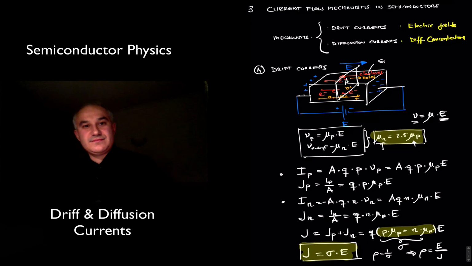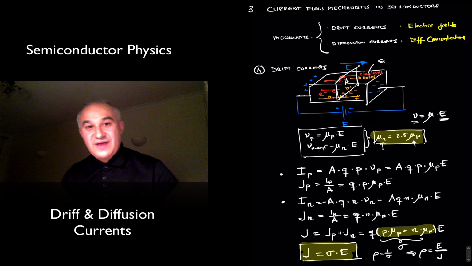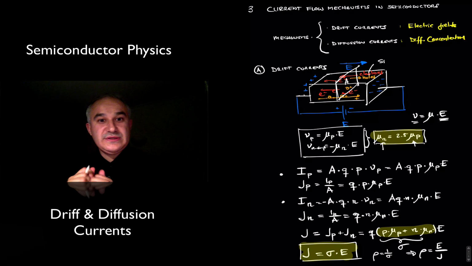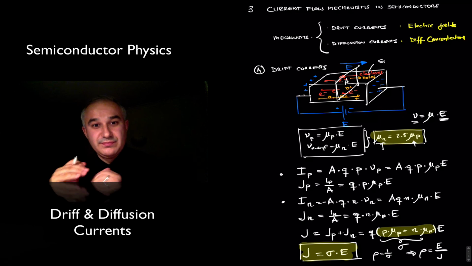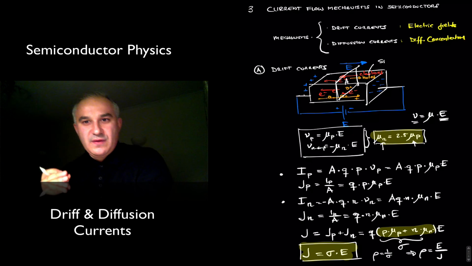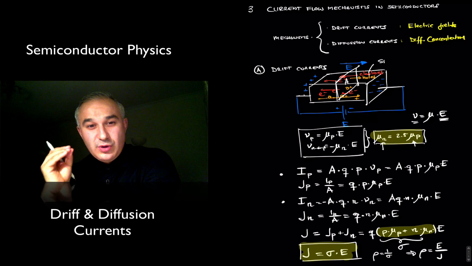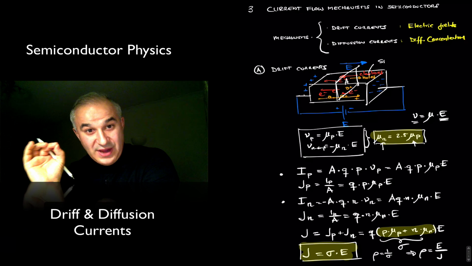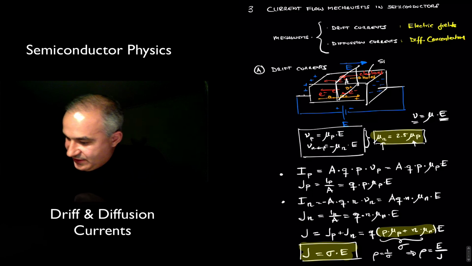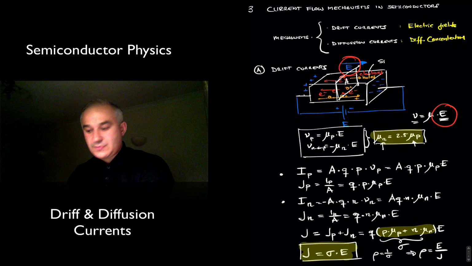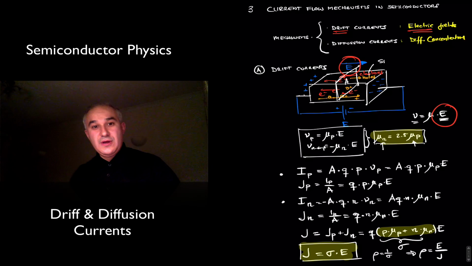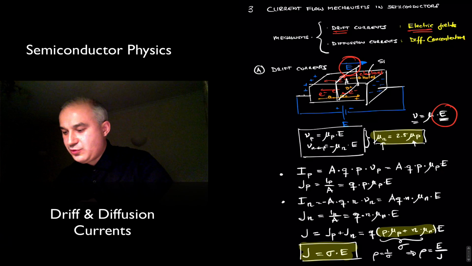So in summary, let's wrap up. We have two current mechanisms affecting both free electron currents and hole currents, meaning electrons in the valence band. By current mechanisms, we mean fundamental causes that will cause those mobile charges to move, either due to electric fields, which gives a drift current, or to differences, gradients in concentration of those mobile carriers.